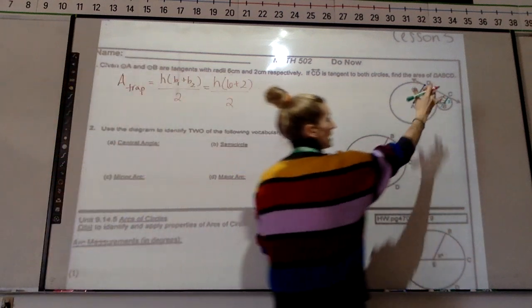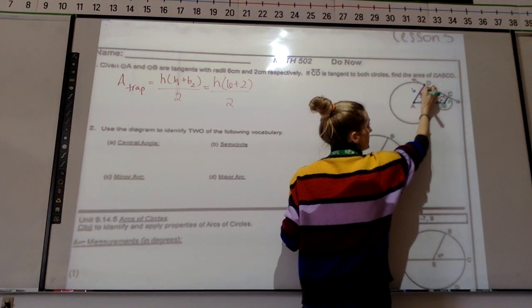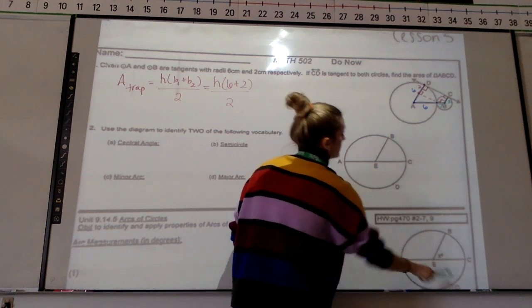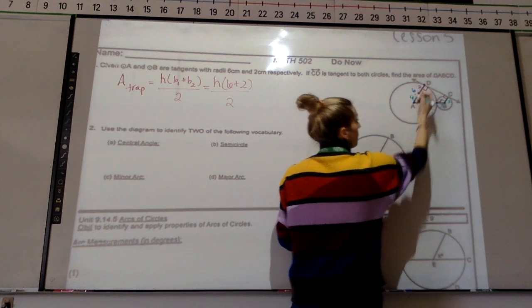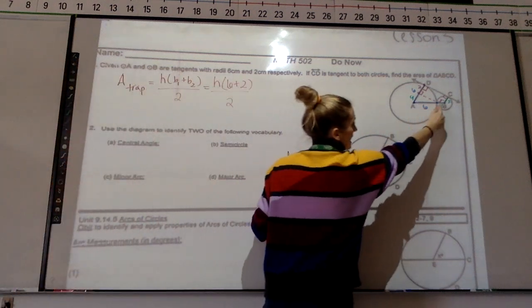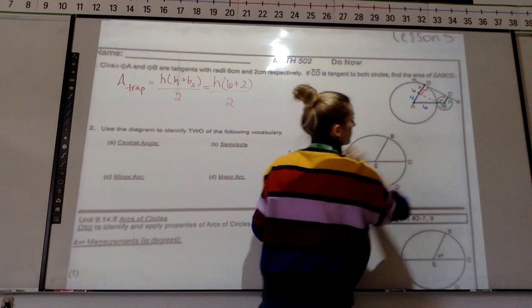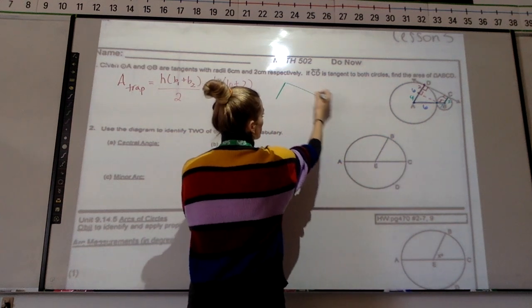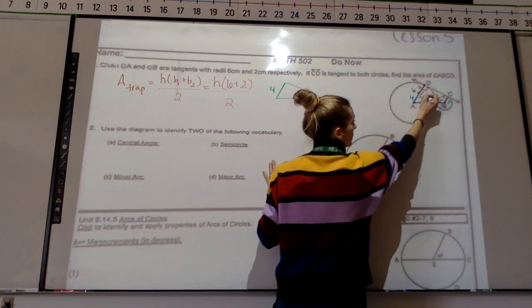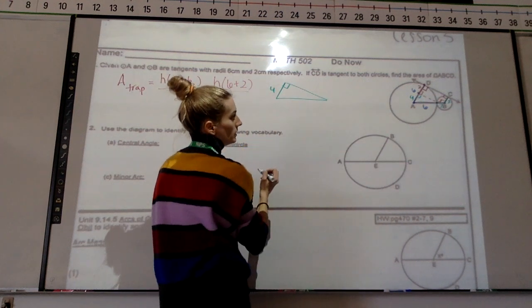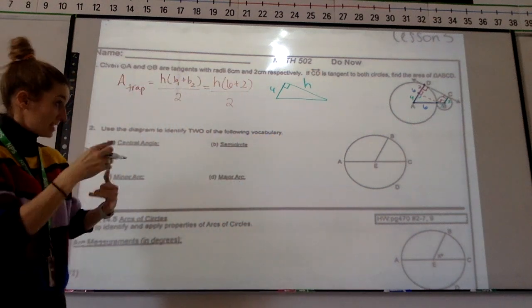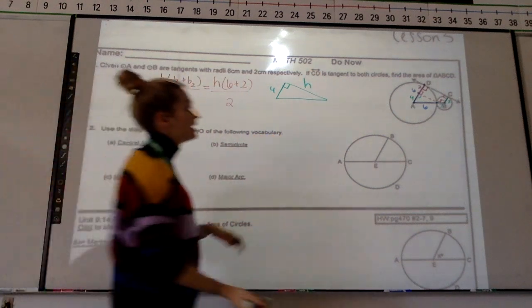And so if this is a rectangle, then that means this little piece here is 2, which makes this piece 4 if that radius is 6. And so what I end up getting is this right triangle here that I'm going to pull off and redraw, where I've got one of the legs is 4. There's a 90-degree angle. I don't know what that height is. I don't know what that length is, but once I solve for it, that'll be the height of the trapezoid.